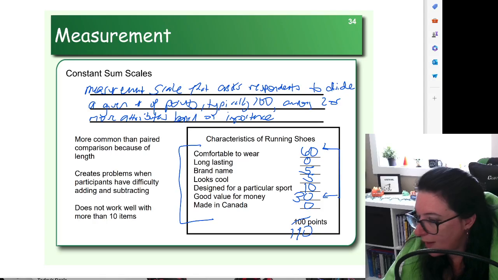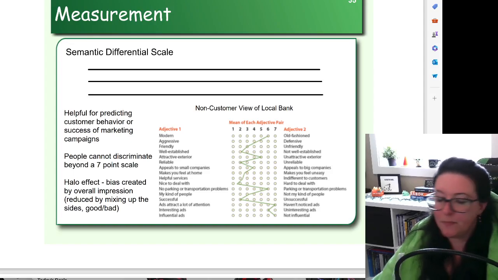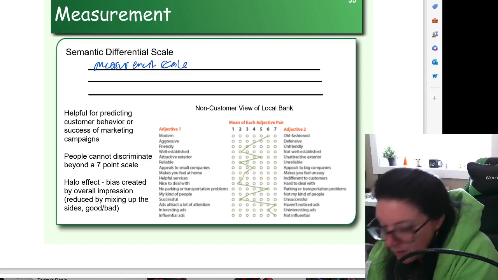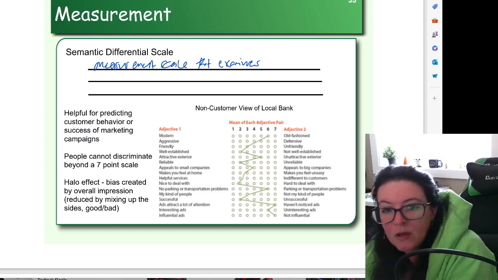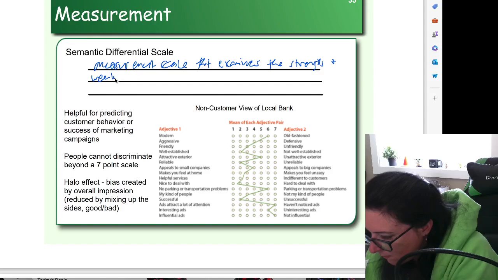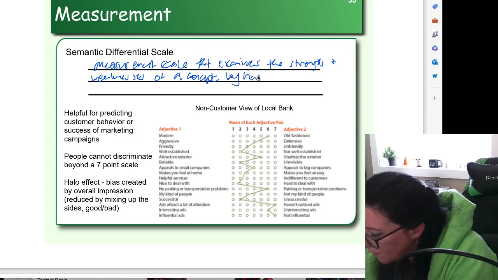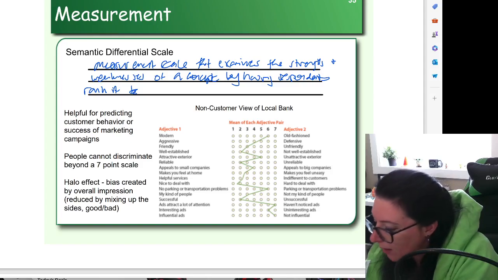All right, let's look at the next one, which is a semantic differential scale. The semantic differential scale is a measurement scale that examines the strengths and weaknesses of a concept by having respondents rate it between dichotomous pairs.